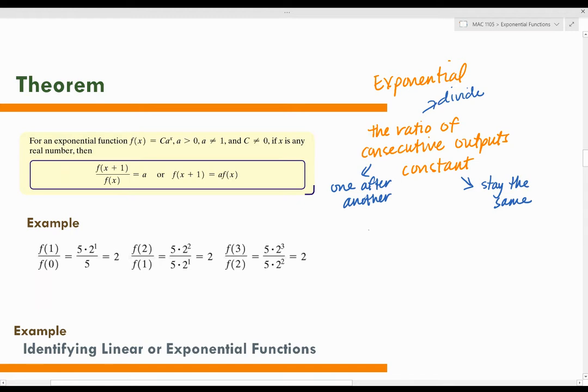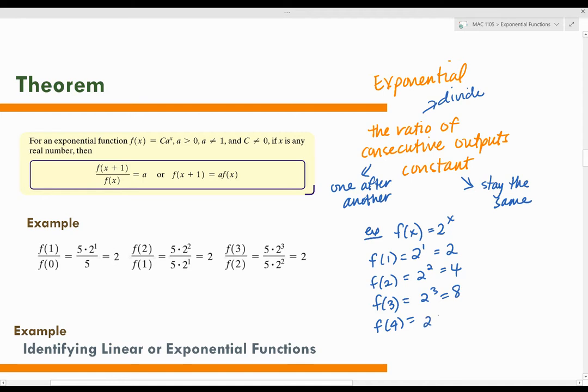same. Okay, so an example of that would be if our exponential function was f of x equals 2 to the x power. And if I calculated f of 1, f of 2, f of 3, and f of 4, and I found those values, f of 1 would be 2 to the first, which would be 2, 2 to the second, 4, 2 to the third, 8, 2 to the fourth, 16.